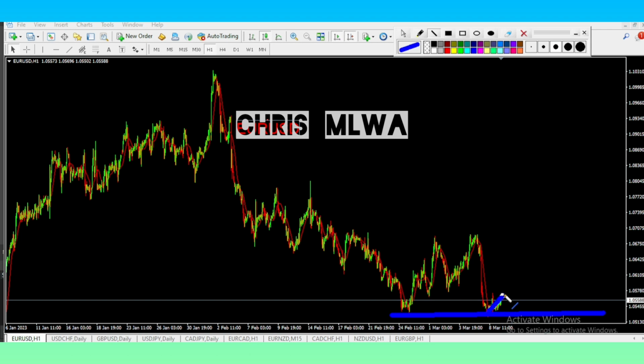Maybe this market can come to a point like this, then test this, then maybe go up. When it is tested, it will now become a support, because zones should be tested at least 3 times.